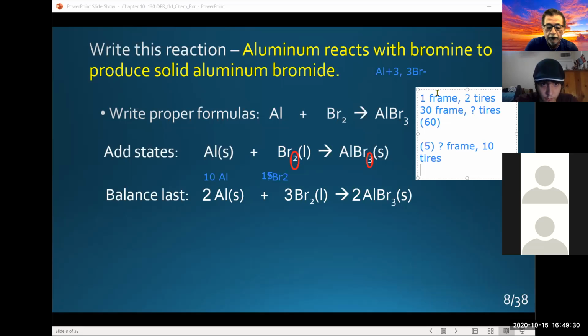Okay. So if I have 5 frames, and I have 30 tires for a tricycle frame, how many tricycles can I have assembled? 10.